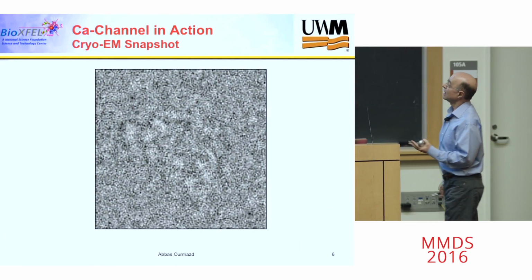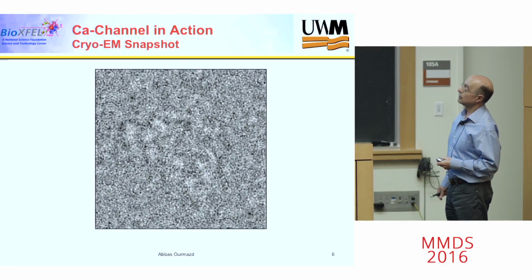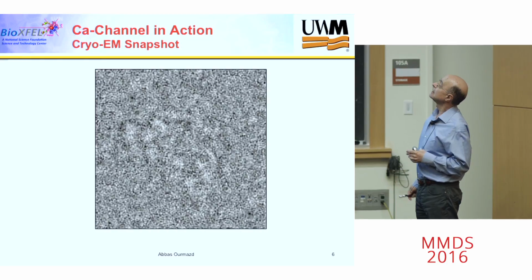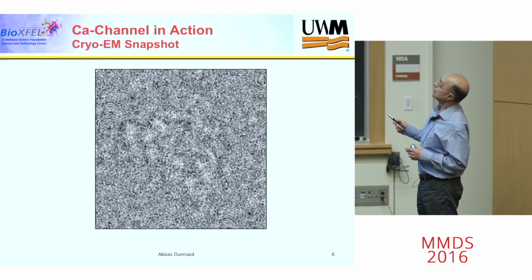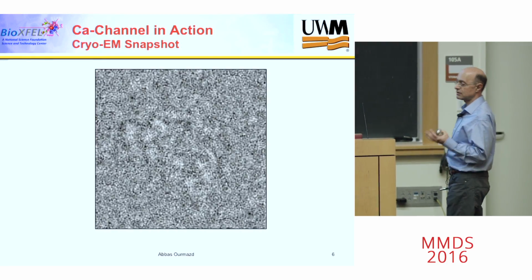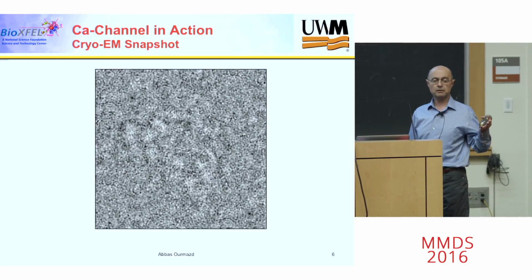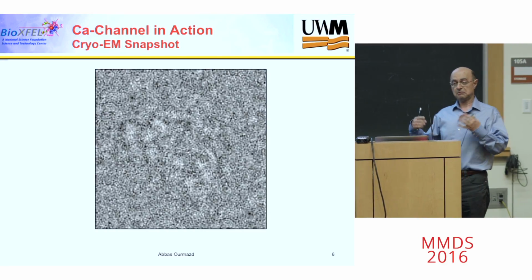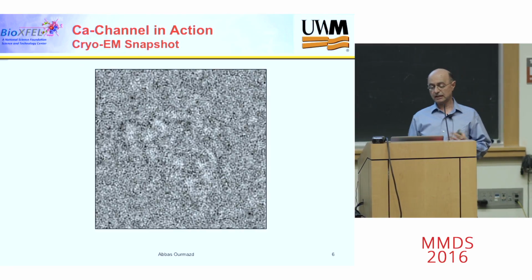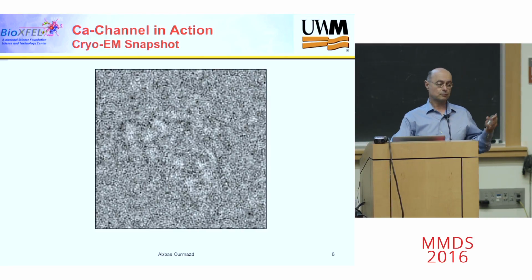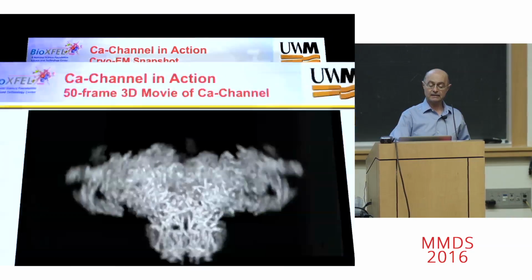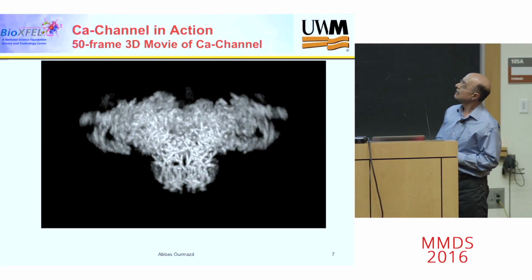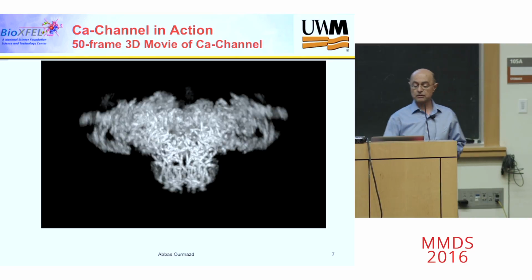Now, here's an experimental snapshot obtained by so-called cryogenic electron microscopy. It doesn't really matter. It's a snapshot of a calcium channel of the kind which is responsible for heart attacks in your heart muscle, just the still snapshots. Now, we take a collection of these snapshots, several 100,000, and this is in fact the image you can reconstruct from snapshots of this kind.